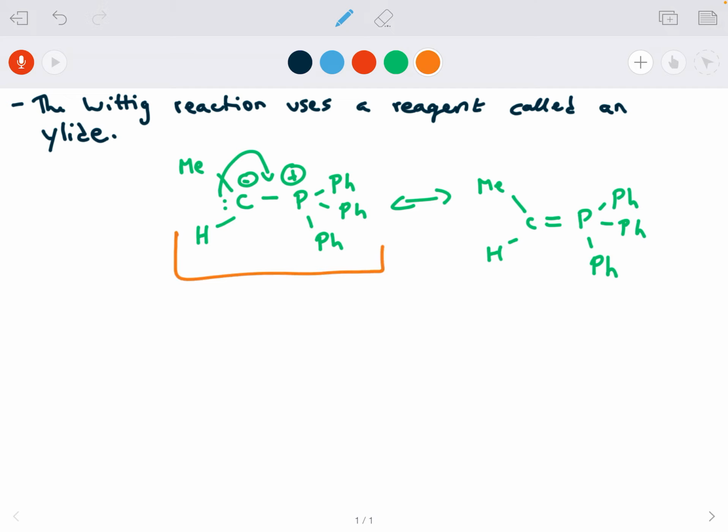So what happens in the Wittig reaction specifically is if I start with a ketone or an aldehyde, in this case I'll use a ketone, if I were to react it with what I have above here, I would get the following.